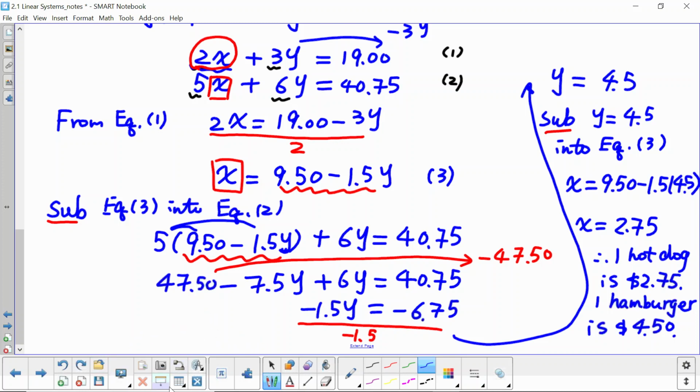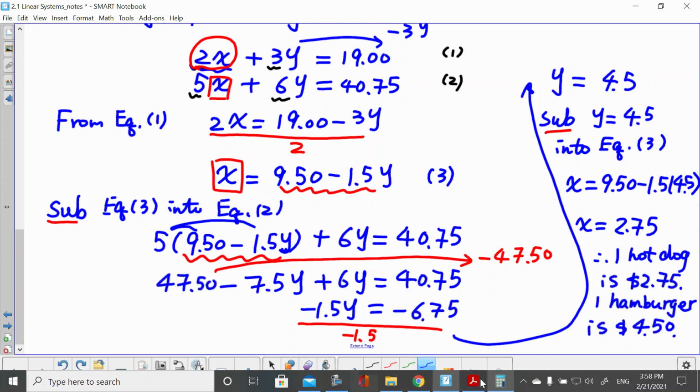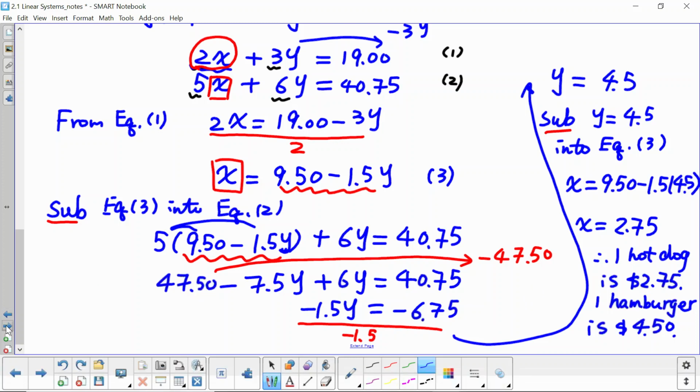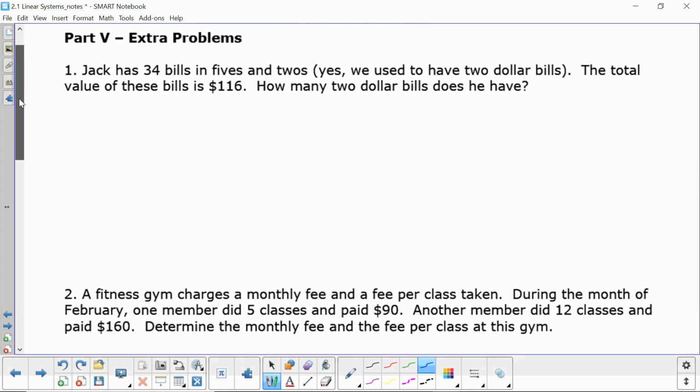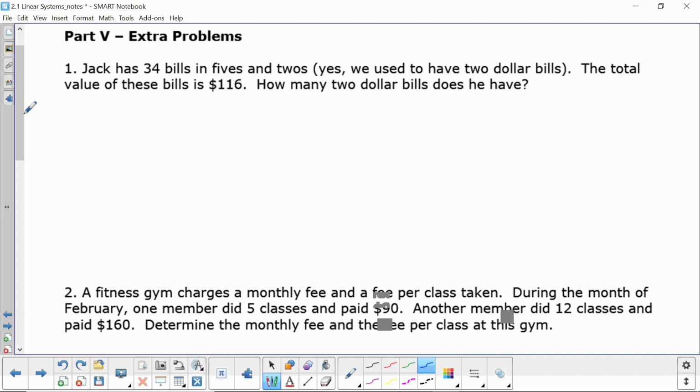Okay, so any questions? If not, then we are going to go to the last page. The last page is word problems, and here we are going to just set up the equation, and I will leave solving to yourself.